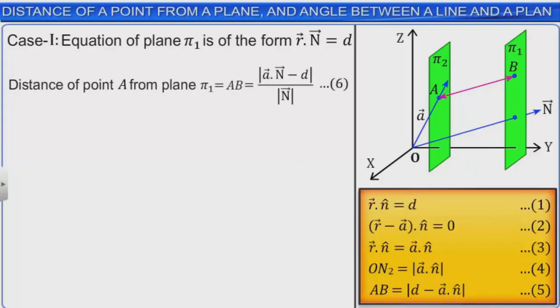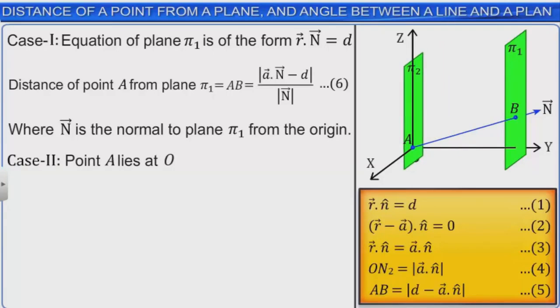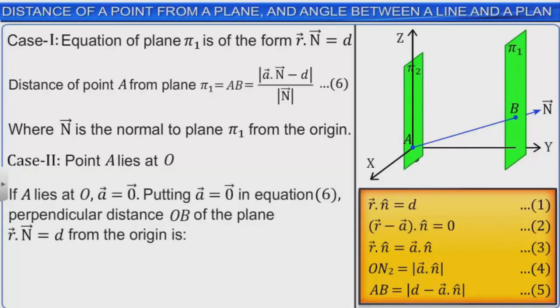In the second case, we consider the scenario when point A coincides with the origin. When point A coincides with the origin, its position vector A becomes 0. Substituting vector A as 0 in equation 6, we get equation 7, which gives the perpendicular distance of the plane from the origin.